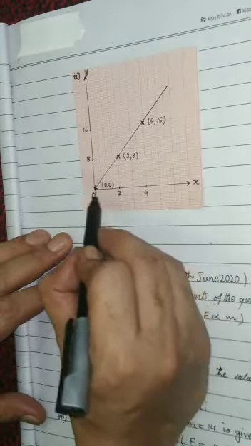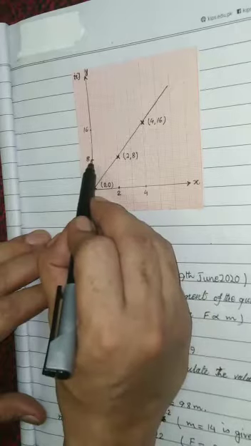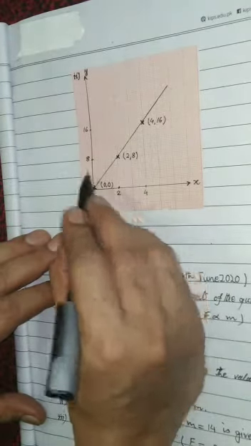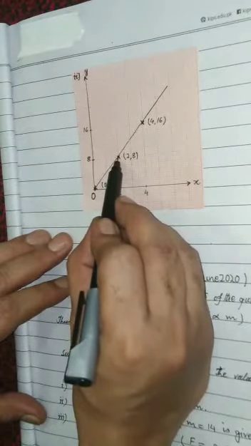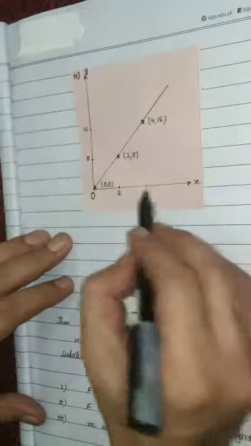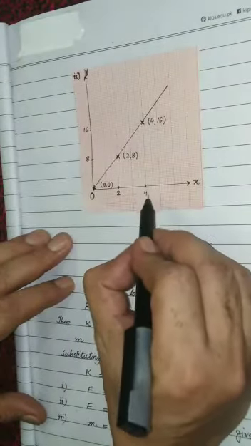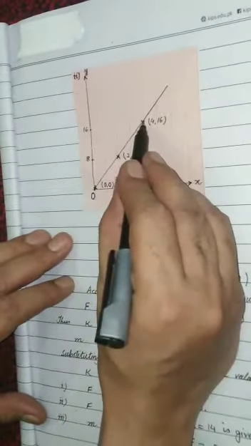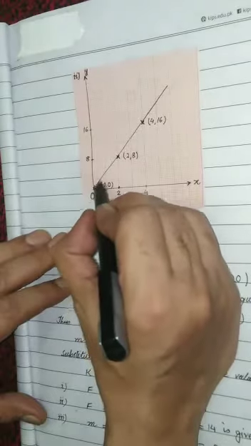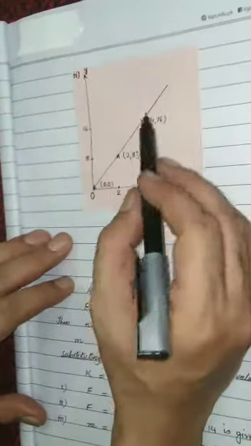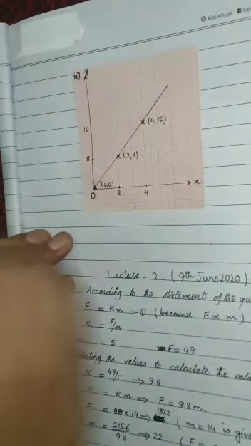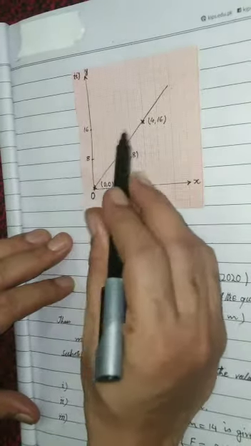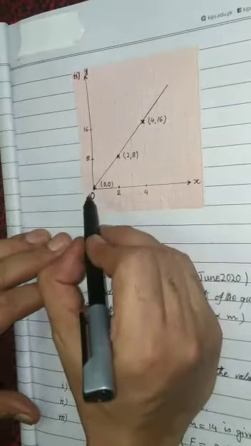When the value of x is 2, the value of y was 8, and by using these two values we will get this point, and by using the next values, value of x 4 and value of y 16, we will get this point. By joining these 3 points, we will get a straight line. You must remember that when two values are directly proportional, then we always get a straight line graph passing through the origin.